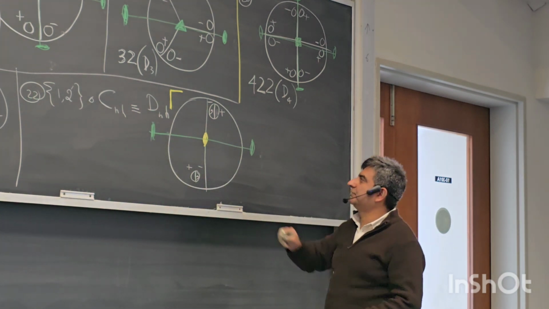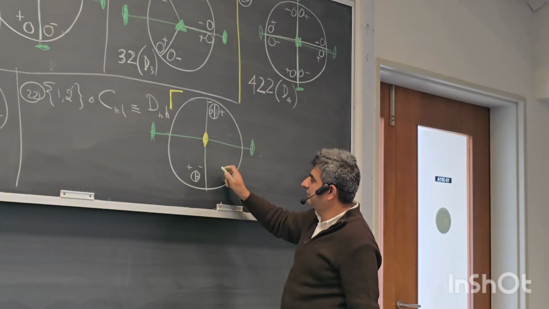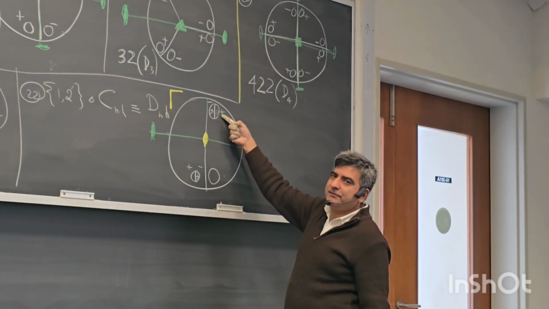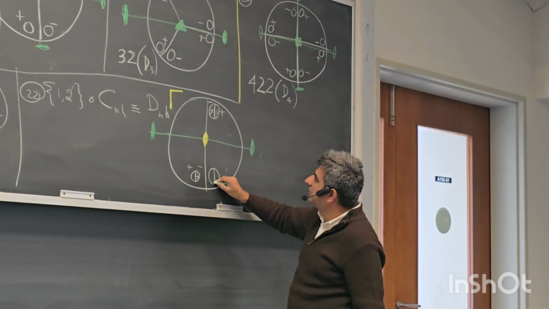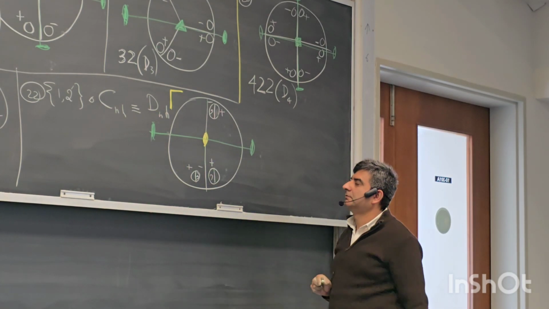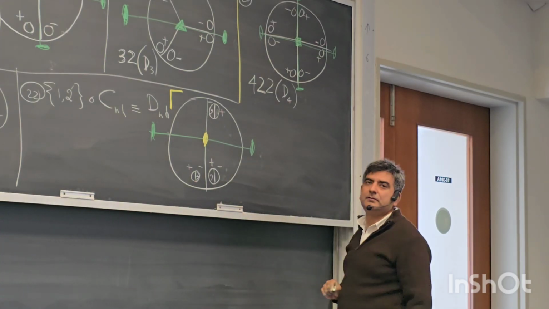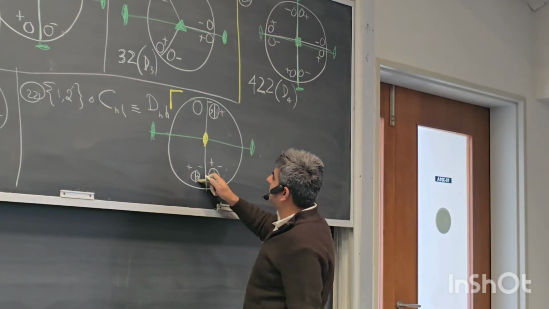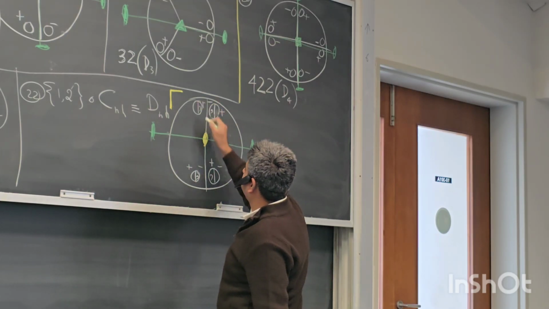So what would this do? This would take this point over here. Something that is above will come below. This is below will come above. This point will come above with a comma. This point will go below.